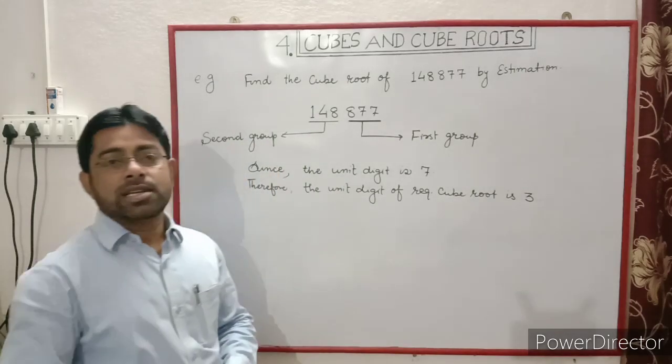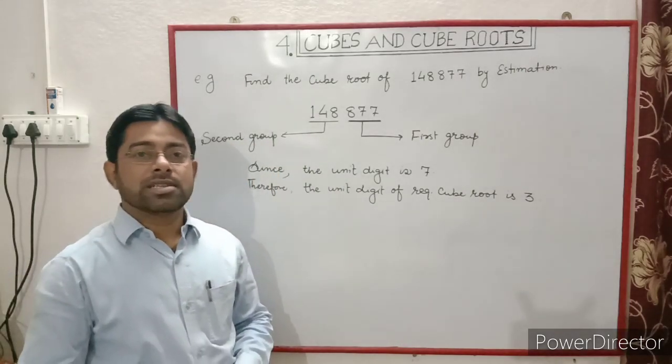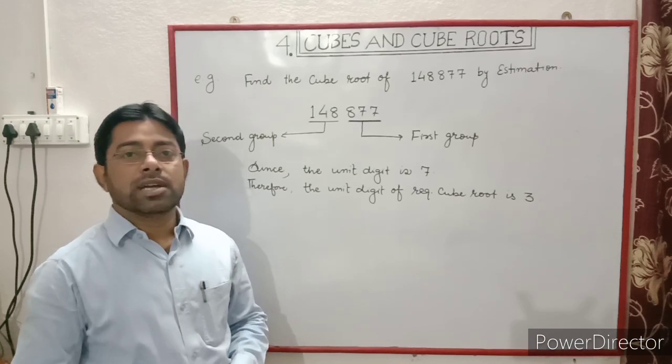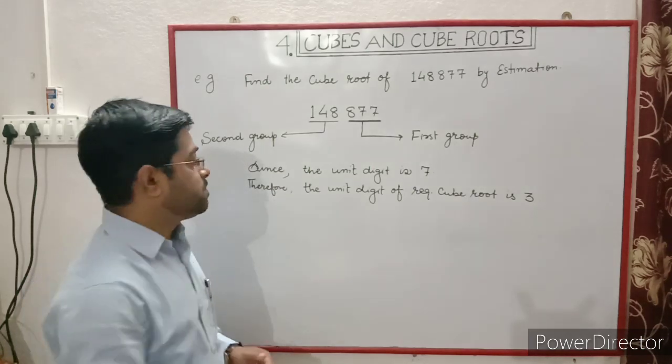We know that if a number has 7 in the unit place, then its cube ends with 3.